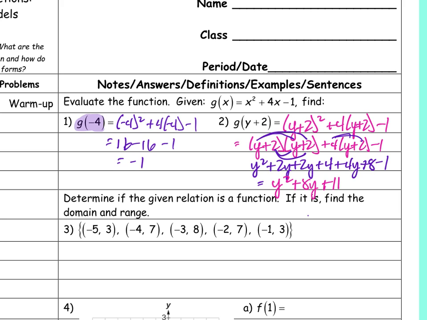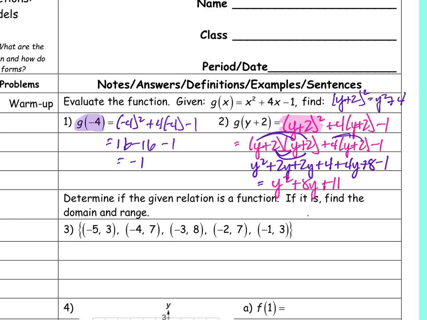So I think what a lot of you guys did, because I saw a lot of you get 4y instead of 8y, I think what happened is when you did this, you didn't actually square this. What you did is you said that y plus 2 squared equals y squared plus 4, which is not what squaring means.